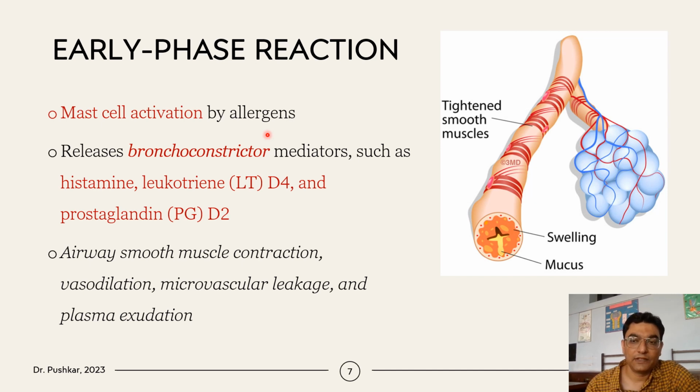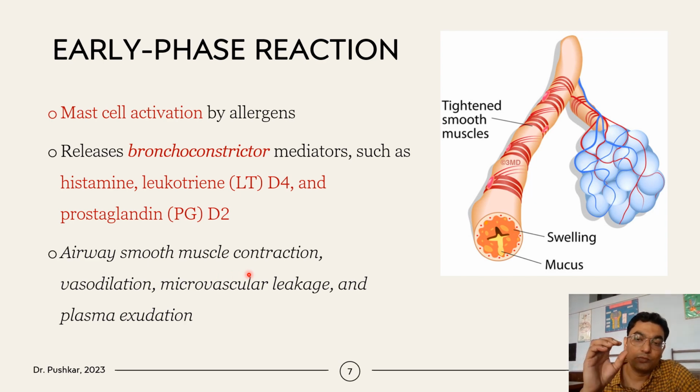In the early phase reaction, usually the single episode of asthma is present, and there is release of various bronchoconstrictor mediators such as histamine, a very important mediator, as well as leukotrienes and prostaglandins such as LTD4 and PGD2. All these mediators lead to airway smooth muscle contraction.